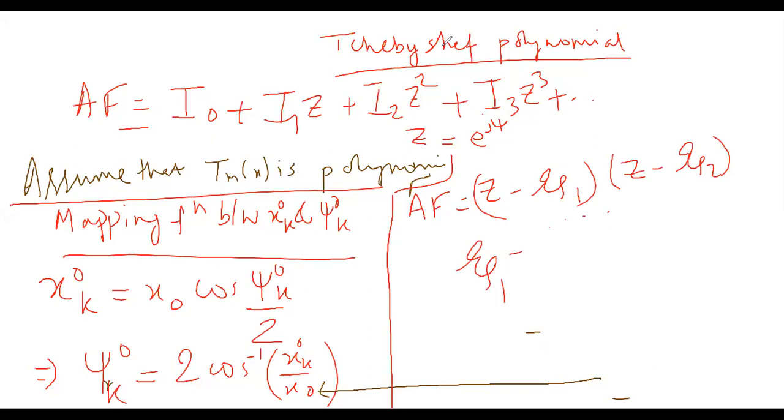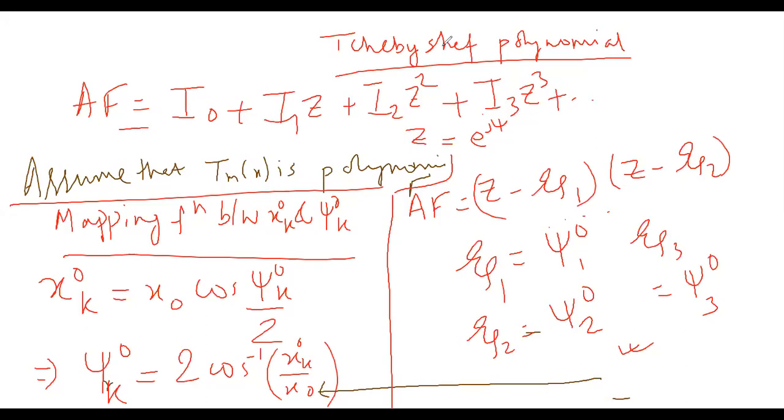These are the roots of the array factor that will correspond to nulls. And this zeta 1 is psi naught 1. What is this zeta 2? This is psi naught 2. Zeta 3, psi naught 3.